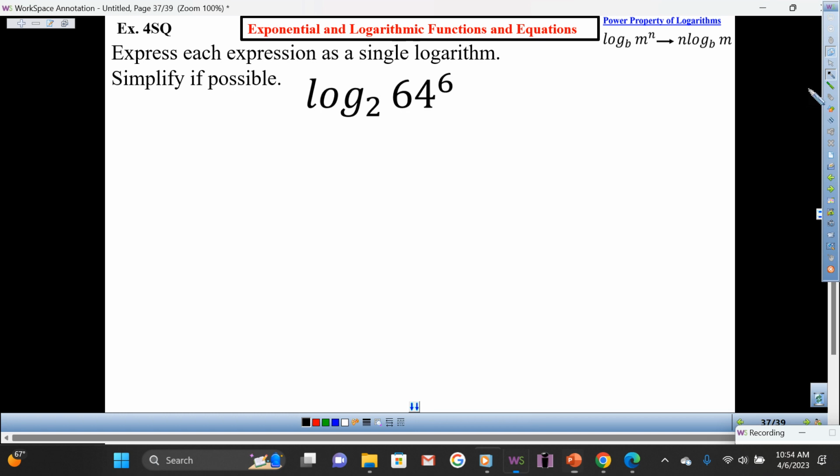Should be just about done. Check with the neighbors, see what they got.